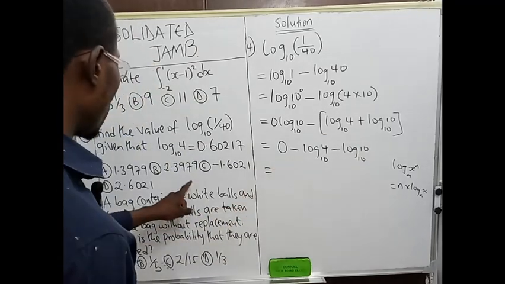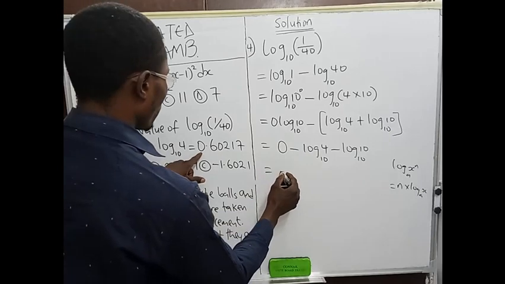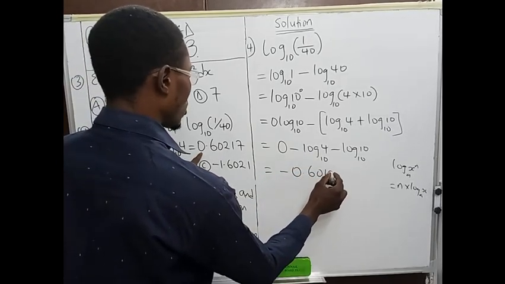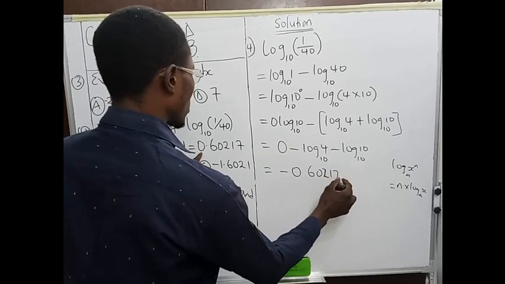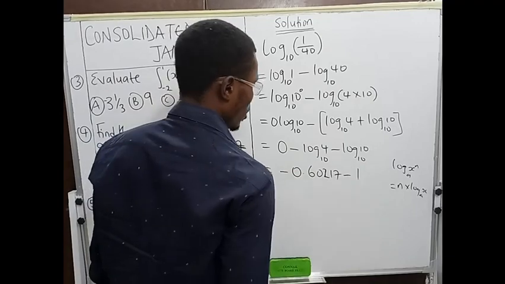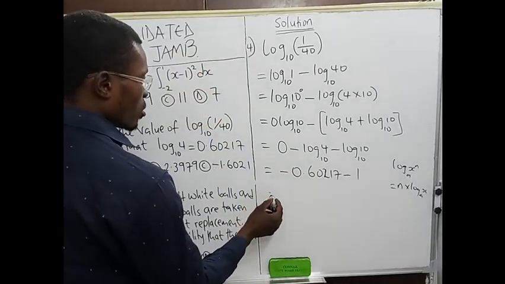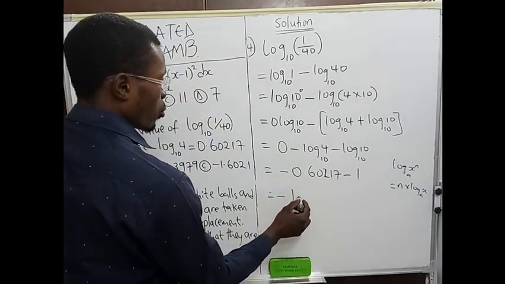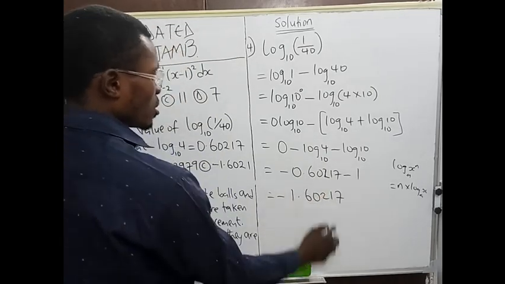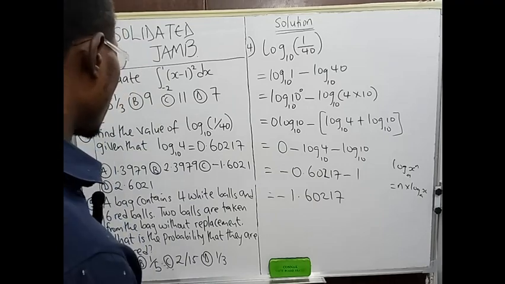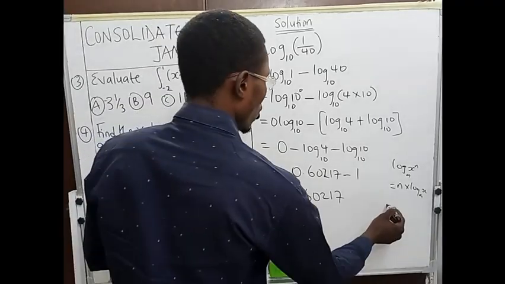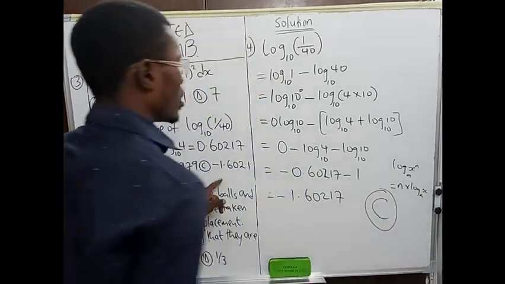Minus log 4 base 10 is given by, I'm going to have minus 0.60217 minus log 10 base 10 is what? 1, right? So what does this give me now? Minus 1.60217. Minus this is minus 1.60217, and that is given by option C, right? Option C gives the correct answer.